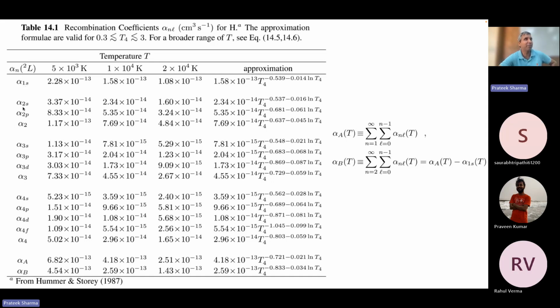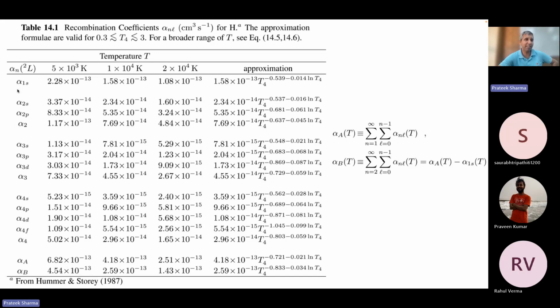This is the recombination coefficient for recombination into 2s, 2p. So alpha 2 is the sum of these two, because these are all the recombinations happening into n equal to 2 and so on. If you sum up all these alphas, you get alpha A. Alpha A includes even n equal to 1 recombination.